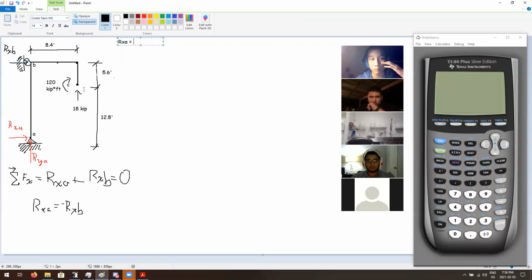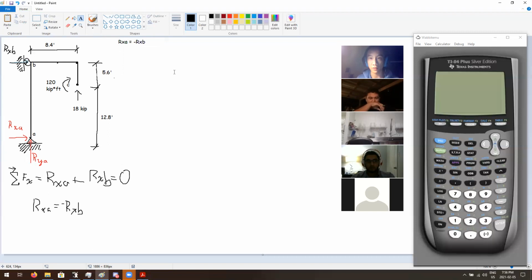From a standpoint, it's the same as C. There are no forces on it and no moments on it, so we don't need to worry about that. These two forces are going to this point, and this force is going to that point. Think of it as just like a solid piece, just trying to be pushed up. Does that answer your question, Dennis? Yeah, I'm good. All right, cool.